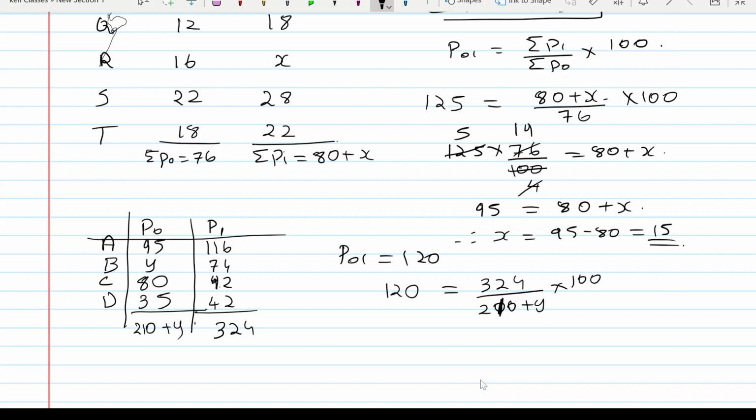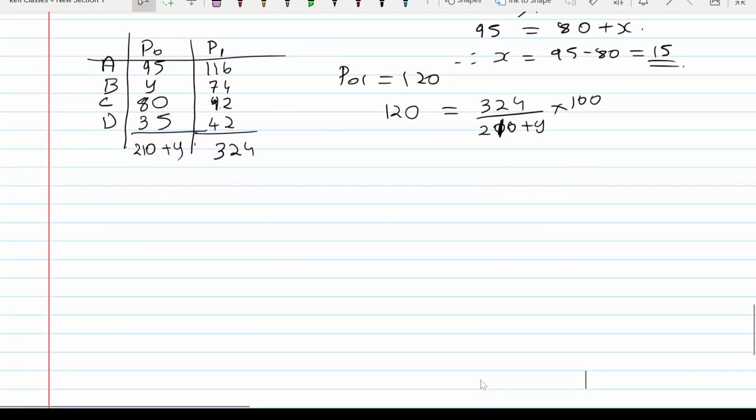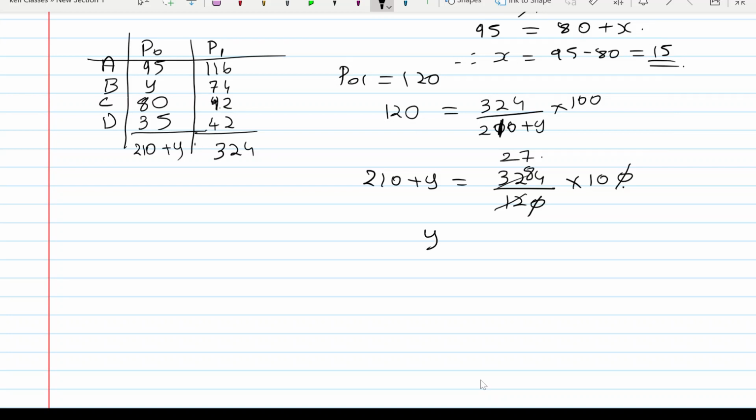So you're going to take this as 210 plus y is 324 upon 120 into 100. Correct? So ये 0 and ये 0 cancel होगा. ये 12 में most likely it will divide. So 12 2s are 24 and this is 8. So 12 7s are 84, और 270 हो गया होता. So this is 270 minus 210, which is equal to 60. That's it. It's done. Bye. ठीक है?